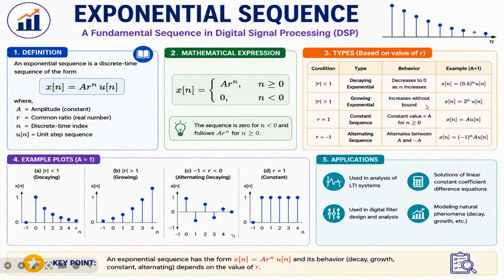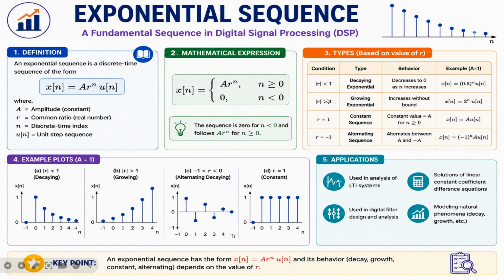So we get a into u of n. That is, for r equal to 1, the constant sequence, we get a constant value of a for n greater than or equal to 0. Here we have the formula. We are taking r as 1, and 1 raised to anything will be 1, therefore we get a into u of n.